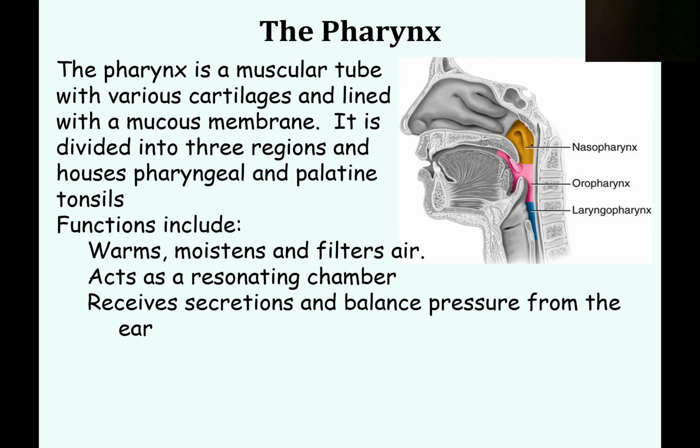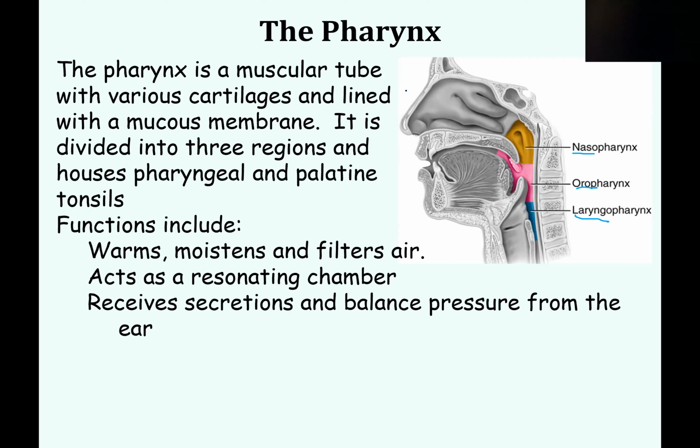You can see them in the three different colors, named for the other organ that they're attached to. So you have nasopharynx because it's attached to the nose, oropharynx because it's attached to the mouth or oral cavity, and laryngopharynx because it's attached to the larynx. So notice the pink. When you open your mouth and look into the back, that's not part of your mouth. That's part of your pharynx.